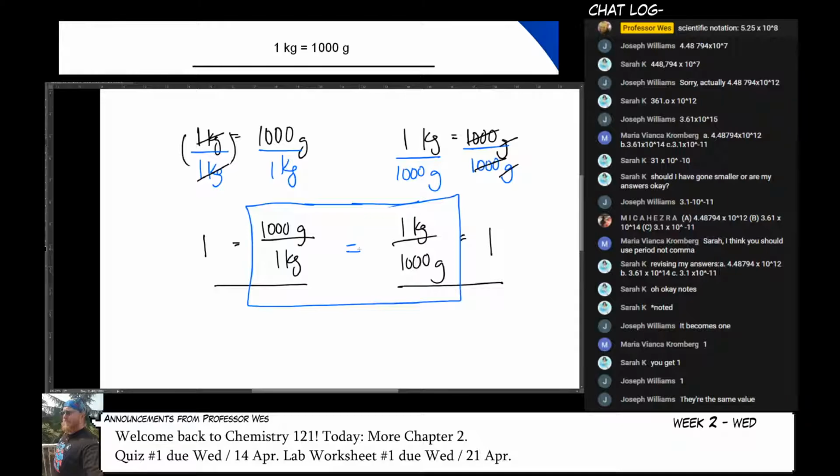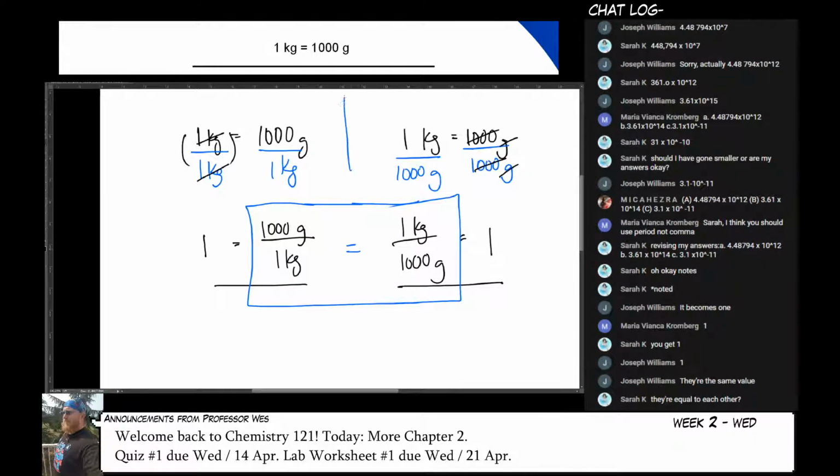So what we've shown is that we could take a horizontal statement, like the one that is shown up here above, and we can change it into a vertical statement, these ones right here. Furthermore, they have a value of 1.